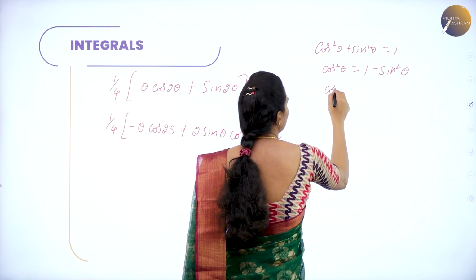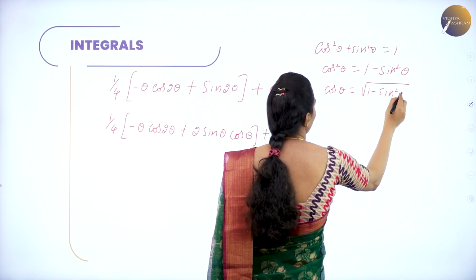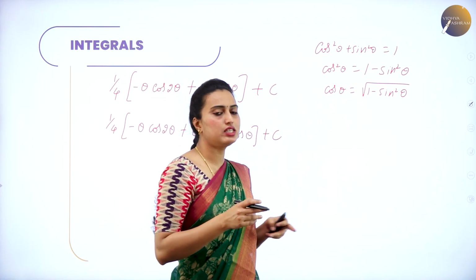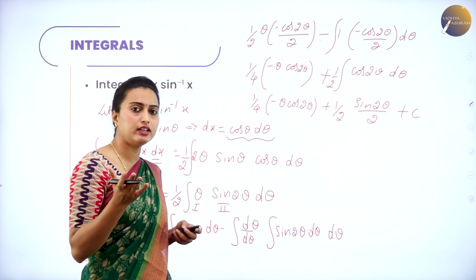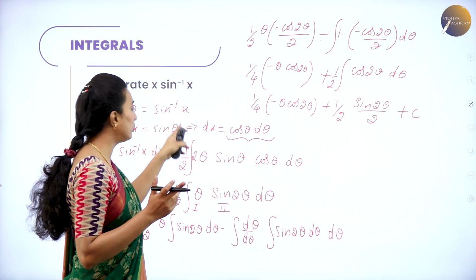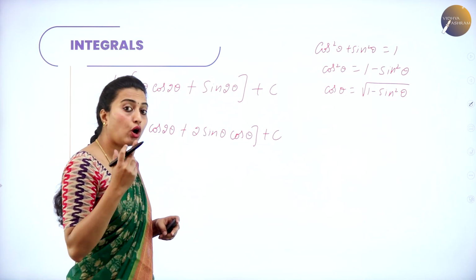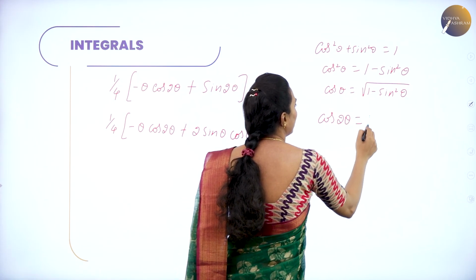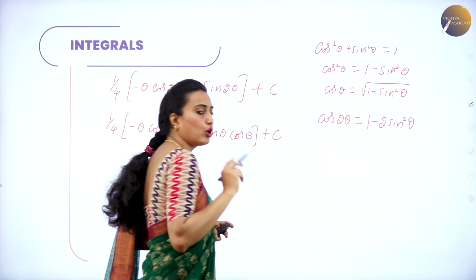Otherwise cos theta can be written as under the root 1 minus sine squared theta. Why am I substituting cos theta in terms of sine theta? Because I know theta is equal to sine inverse x. Okay. Now again, cos 2 theta in terms of sine, what can I write? Cos 2 theta can be written as 1 minus 2 sine squared theta. This is one of the forms of cos 2 theta.